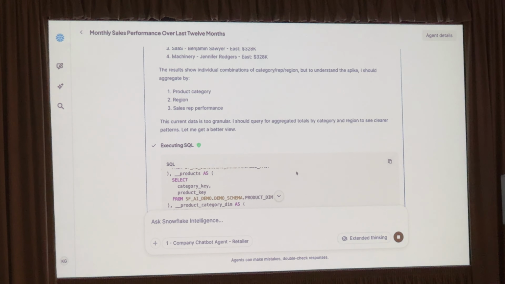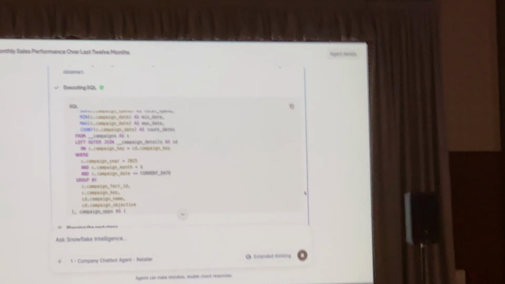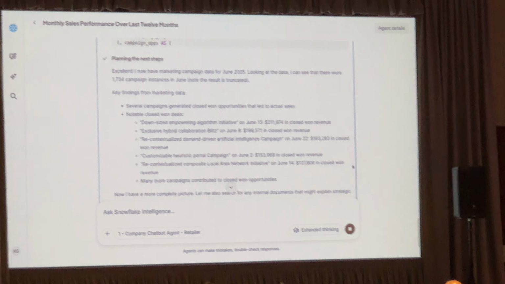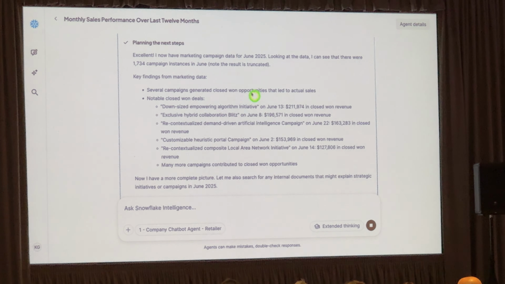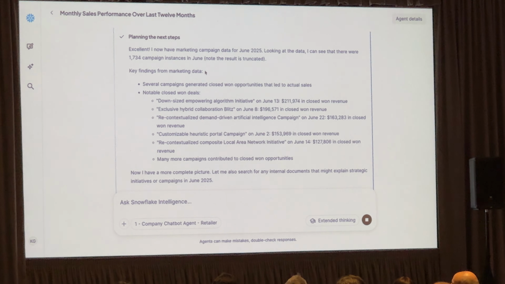So as we go through this, we'll skip the SQL here, and we're going to see that it's jumped now from the sales data to the marketing data. These are different Cortex Analyst tools behind the scenes. There's a Cortex Analyst for the sales data mart, there's one for the marketing data mart, and the agent has access to both of them.